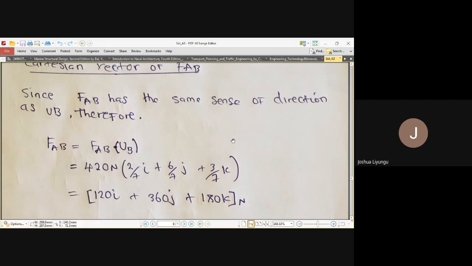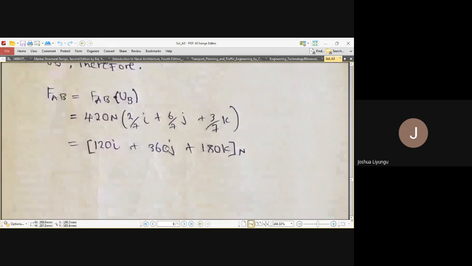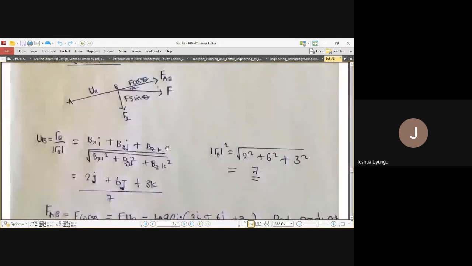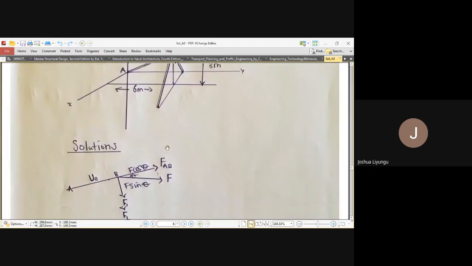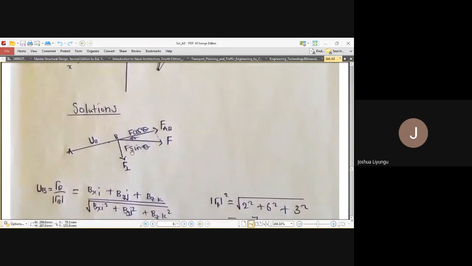There's something that is missing. Here it is supposed to be the angle perpendicular. So the angle perpendicular, you can use this method or theta. So the first thing that you need to do is to calculate the angle.